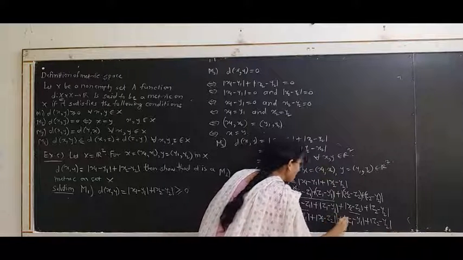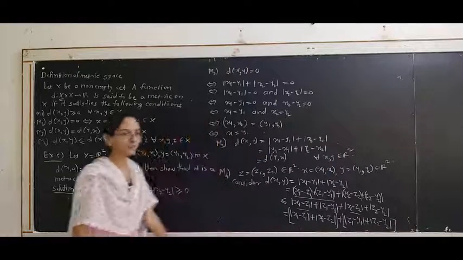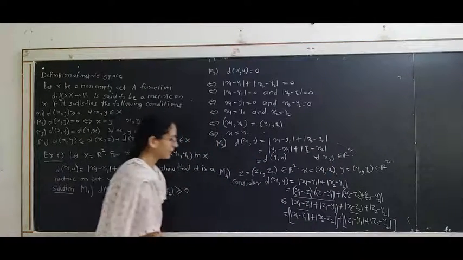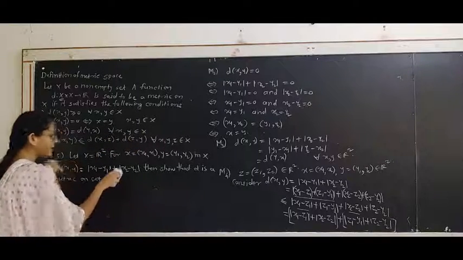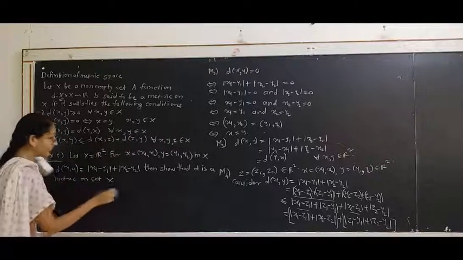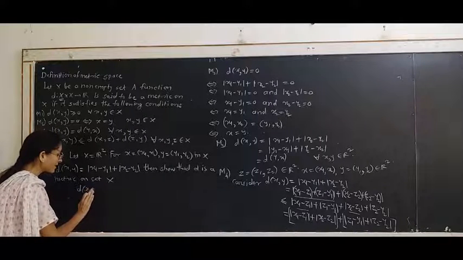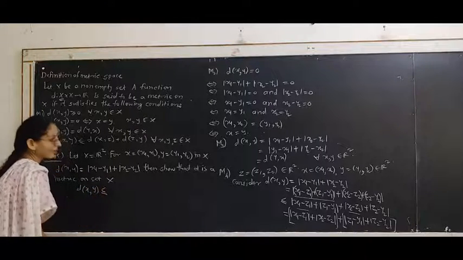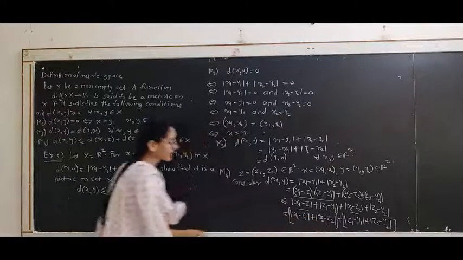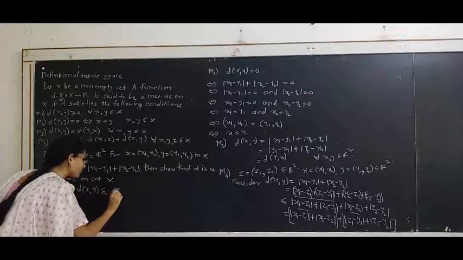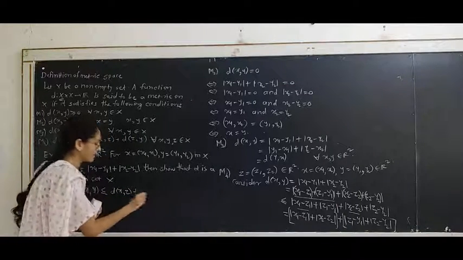Consider the first two modulus and write its value. By the given defined metric, the addition of the first two moduli will be d(x,z). Hence, d(x,y) is less than or equal to, this first bracket is d(x,z) plus the next one is d(y,z).